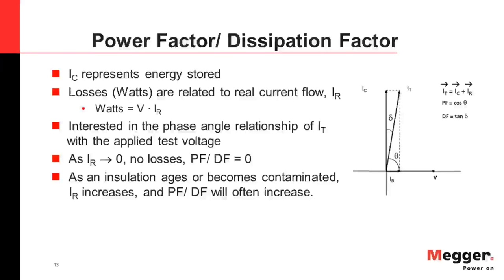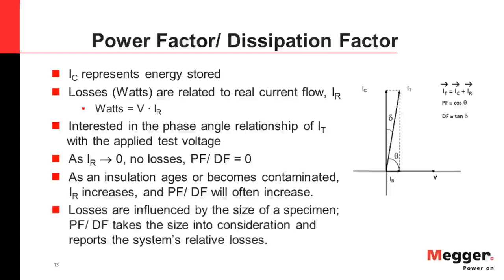In that case, you won't know whether the difference you measure in losses is because of a difference between the two specimens' sizes or a difference in performance between the two insulation specimens. But power factor and dissipation factor take the size into consideration and report the system's relative losses.